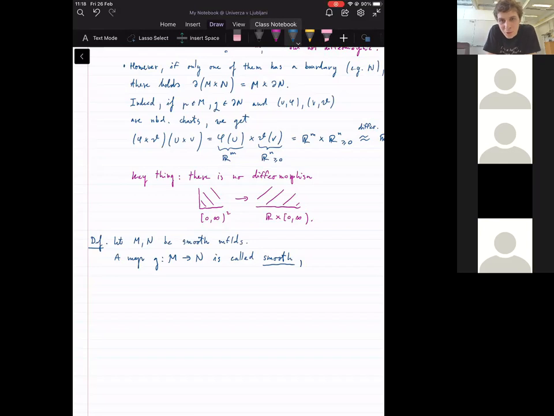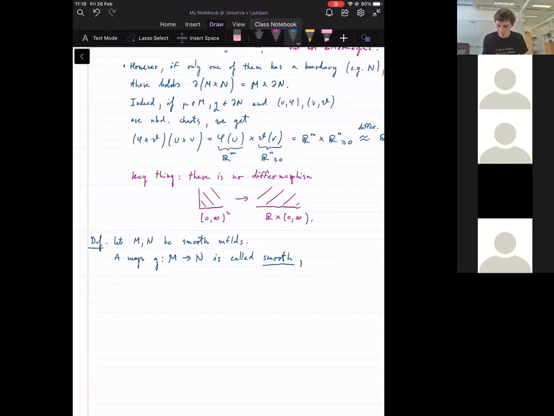How about those who had analysis on manifolds? So we compose it with appropriate charts. Yes. So we get a map from Euclidean space to Euclidean space. Yes, of course.